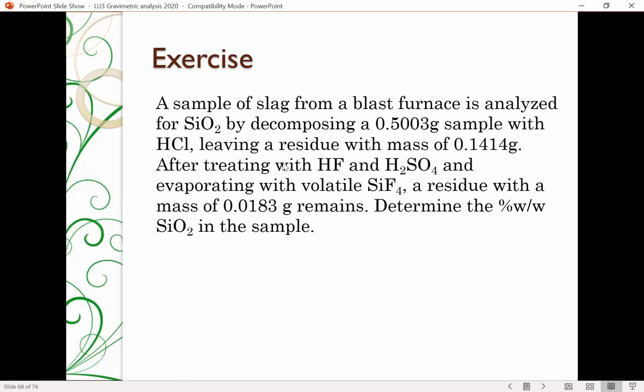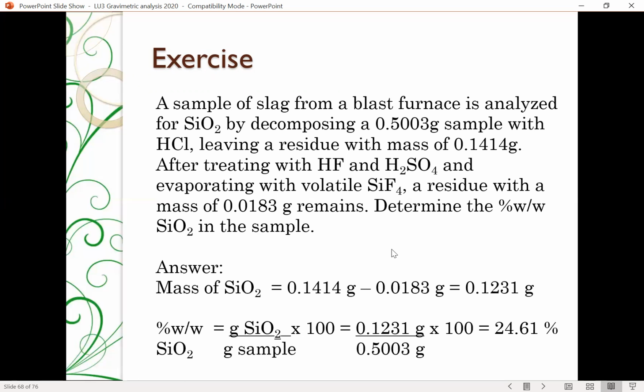Okay, for this case, what you do is you can get the mass of SiO2. How do you get the mass of SiO2? By having the residue of SiO2, which is 0.1414 minus 0.0183 gram, which is the residue after volatilization.